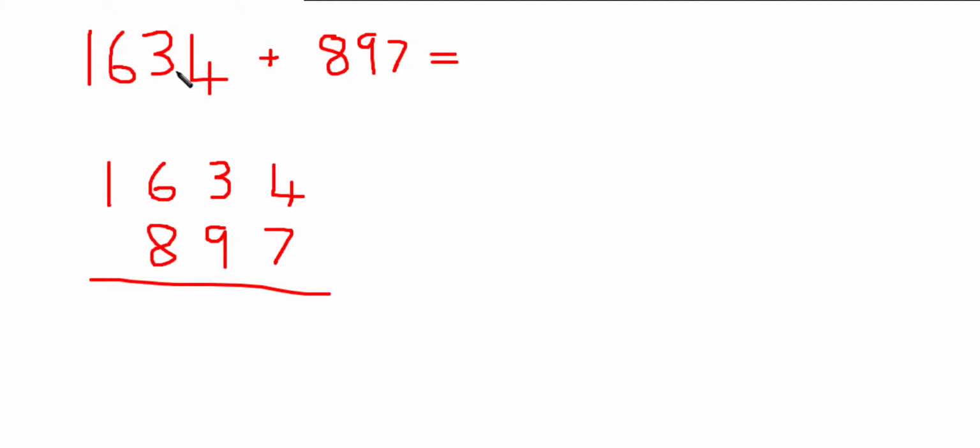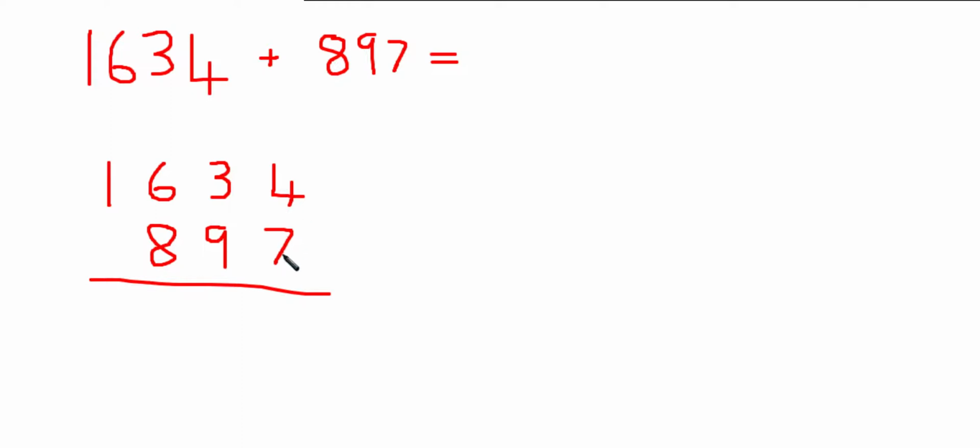This number has 3 tens and 9 tens, so we line up the tens, and this number has 4 ones and 7 ones, so we line up the ones. You have to do that. You have to line up ones over ones, tens over tens, hundreds over hundreds, thousands over thousands, 10,000s over 10,000s, etc., etc. Okay? So, once you've lined them up, then you just add them.